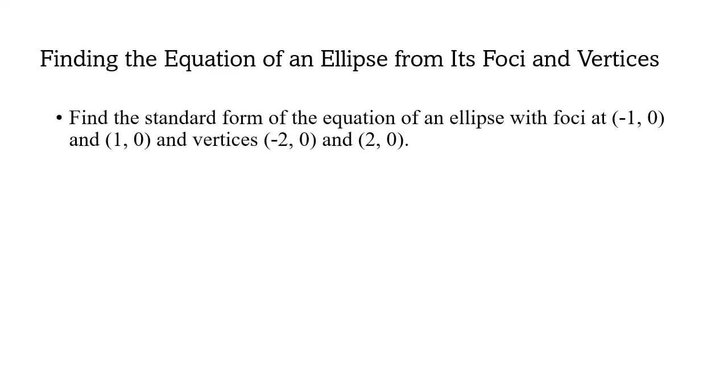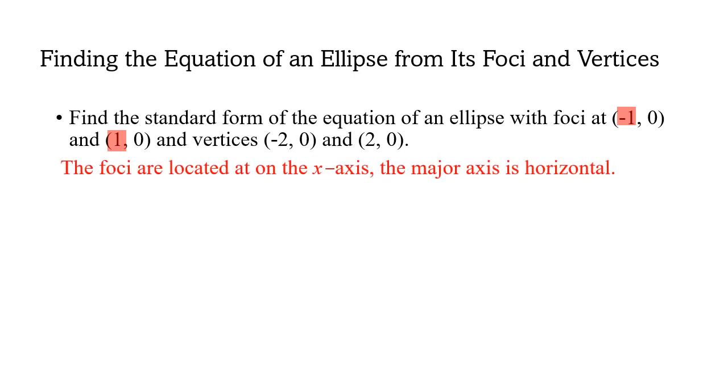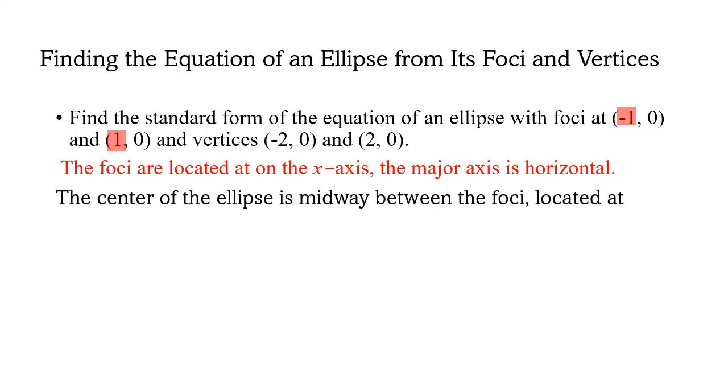Now we need to find the equation of an ellipse from its foci and vertices. Find the standard form of the equation of an ellipse with foci -1, 0 and 1, 0 and vertices -2, 0 and 2, 0. First of all, the foci are located on the x-axis, so the major axis is horizontal. And the center of the ellipse is midway between the foci, located at 0, 0.